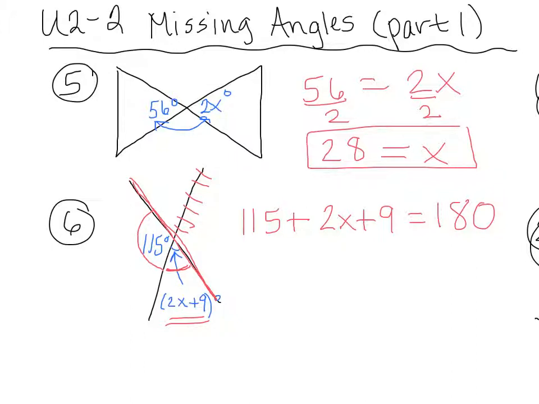We combine our like terms, so 115 plus 9 is 124. Bring down the plus 2x equals 180. Let's subtract that 124 from both sides.